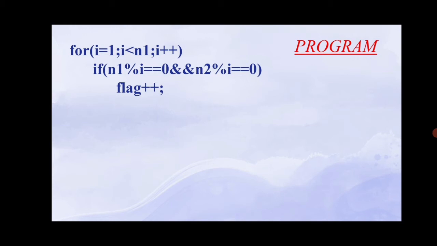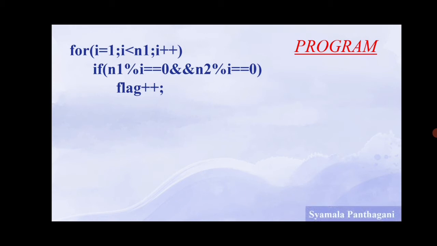Then what we have to find: if these two numbers are co-prime, the flag value should be 1 because it has the highest common factor 1. That's why we are going to check whether the flag value is 1 or not.